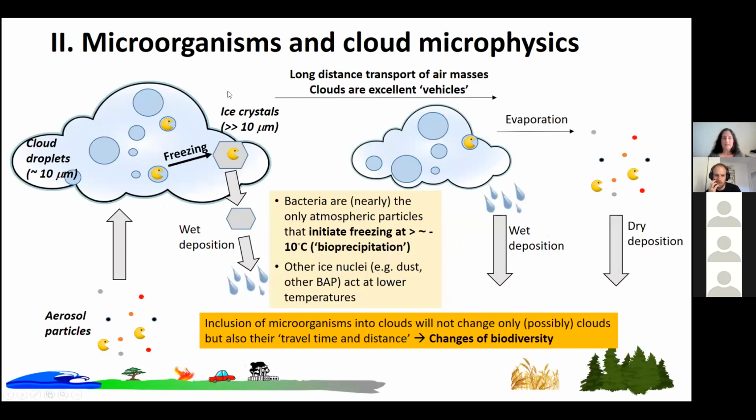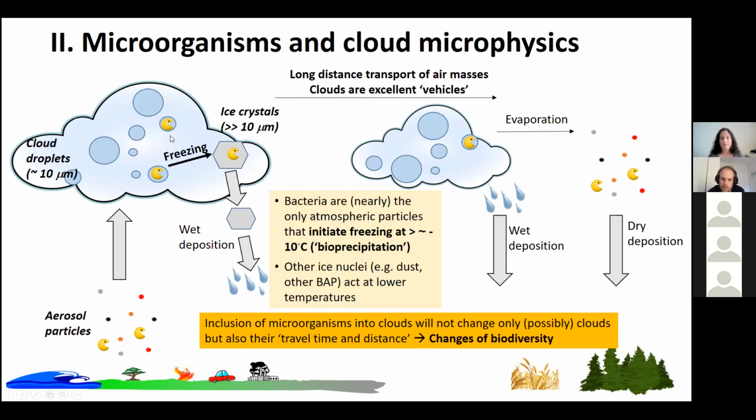The second part will address microorganisms and cloud microphysics. This is a schematic, which I showed you in different versions on the left side. Aerosol particles, any aerosol particle, but also bacteria, for example, can make cloud droplets. Some of them will freeze, and ice particles will precipitate very readily because they are usually larger and heavier than cloud droplets.